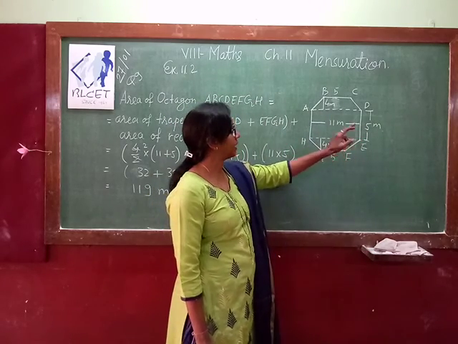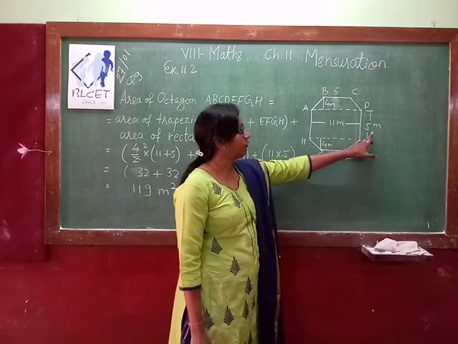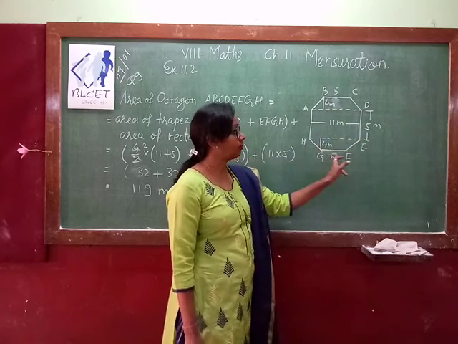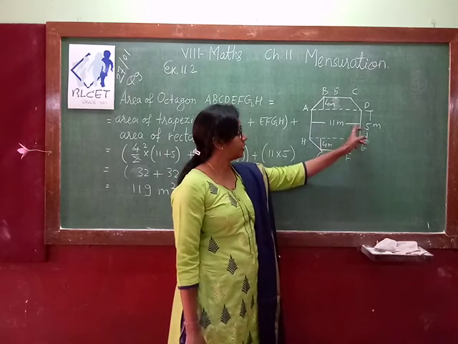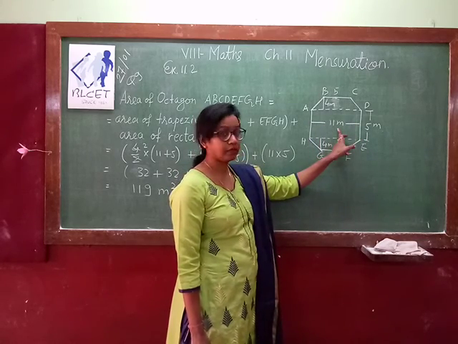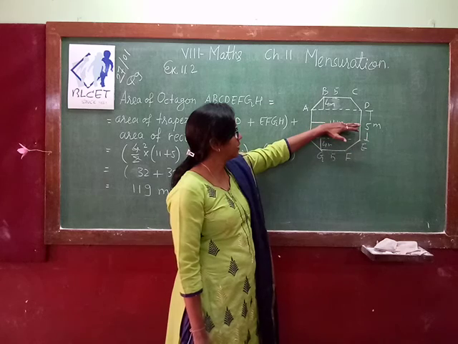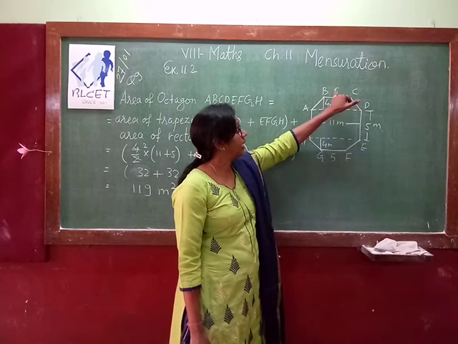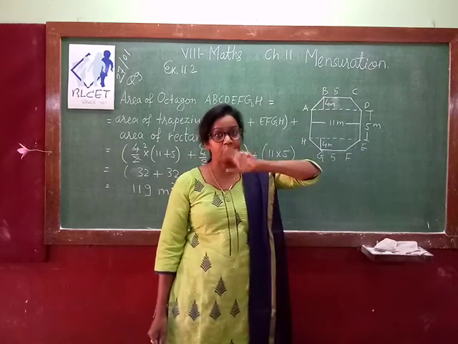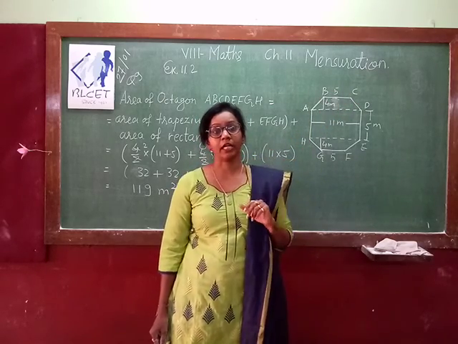Now see the measurement. This measurement is given as 5 meter, meaning all lengths of this octagon are 5 meter. Now this distance is 11 meters. This is one side of this trapezium and the opposite side is 5 meter. Both line segments are parallel to each other.